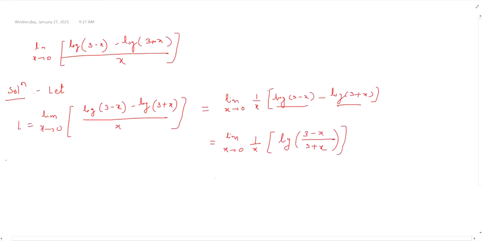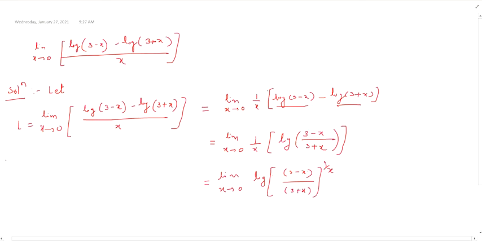If you remember, we have just solved one example of the same form, only log is not there. Now this 1 by x can be written as the power, that is log of [(3 minus x) by (3 plus x)] raised to 1 by x.